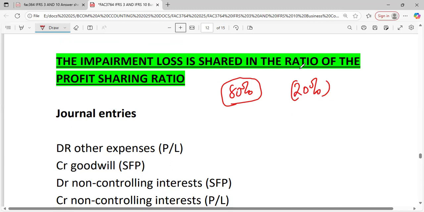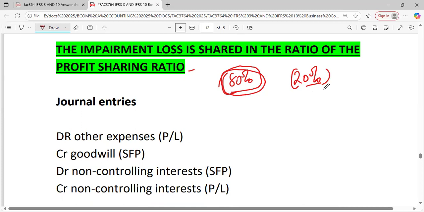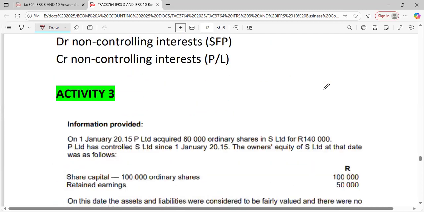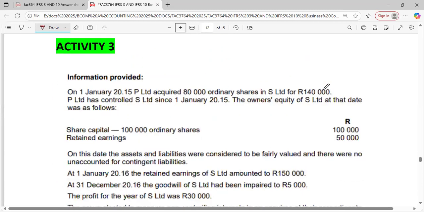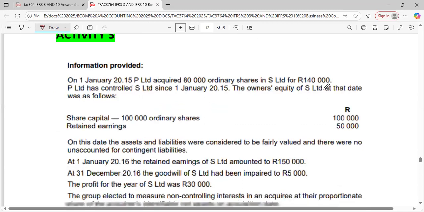They are going to share in the ratio of the profit sharing ratio, which means the equity at acquisition and the non-controlling interest. That is if there is impairment. I want us to quickly look at this one, I think it will also elaborate.